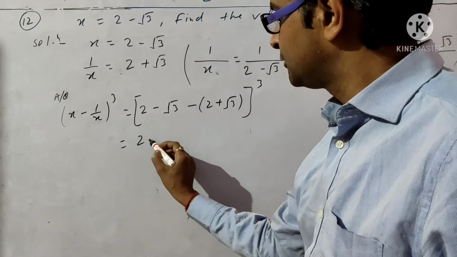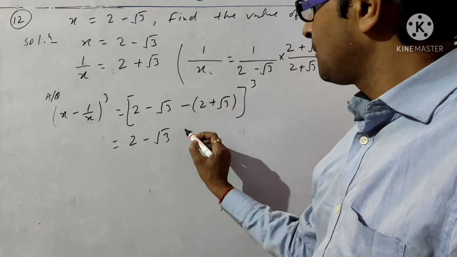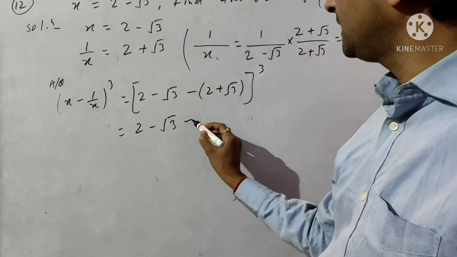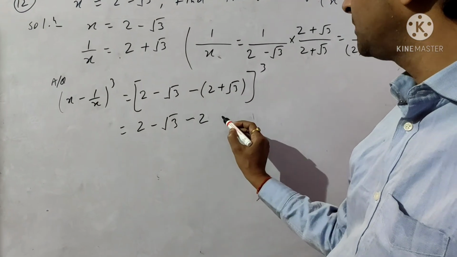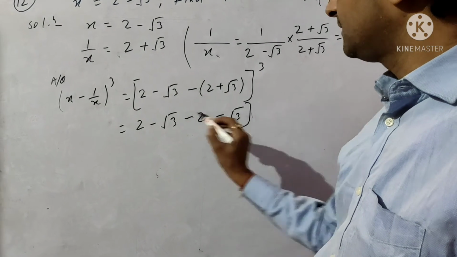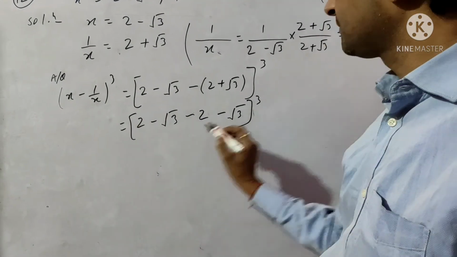So here 2 minus root 3, the negative sign multiplies in both terms. Here it is 2 minus 2 and minus root 3, and the whole power is cube.